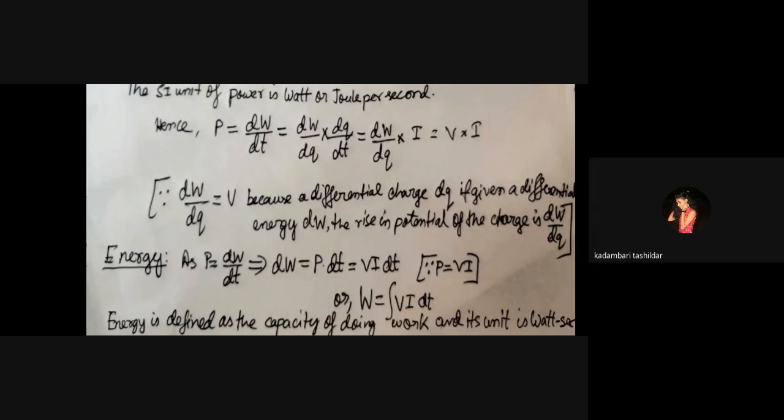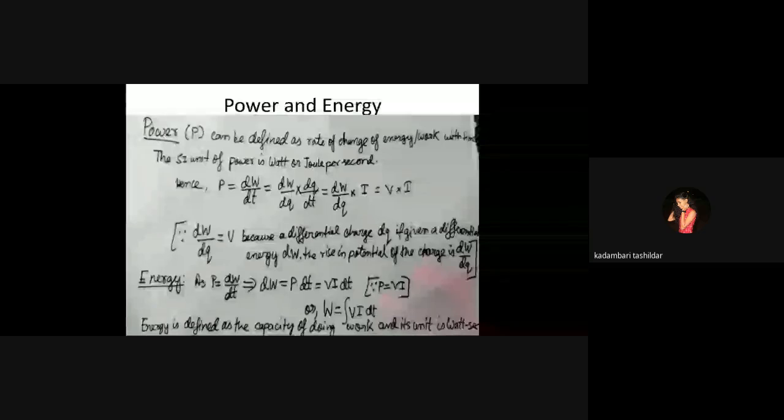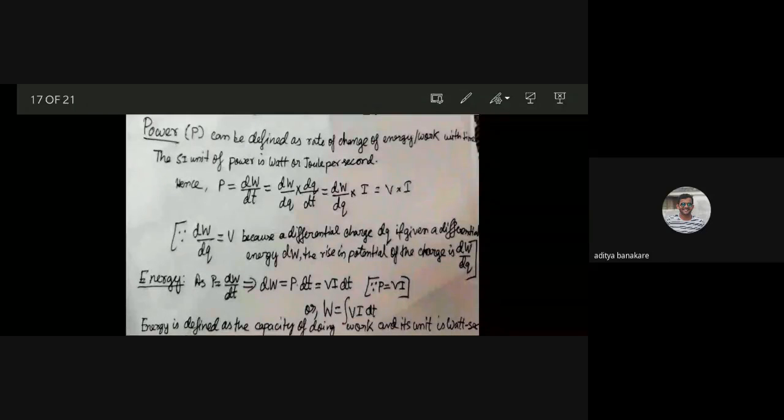So energy is given by this term W equals integration of VI into dt. I hope this slide is clear to all of you. So this slide along with the previous slide.